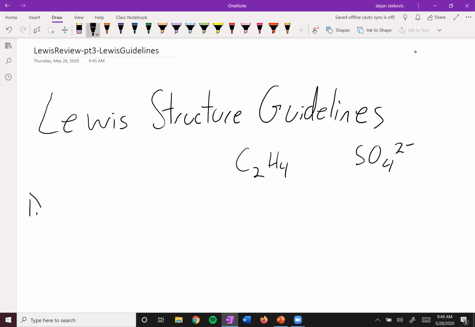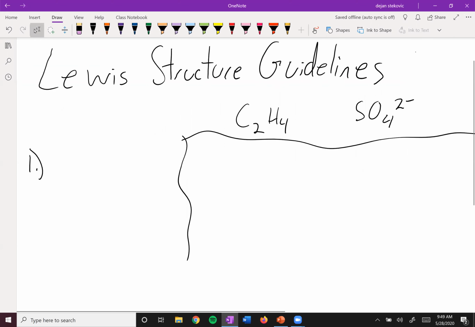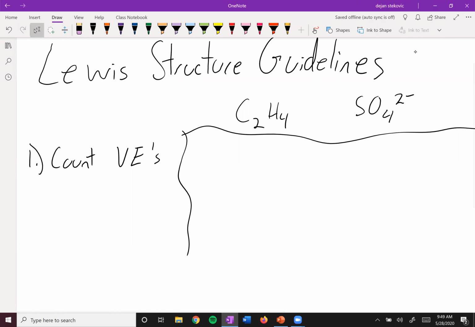So the first step in drawing these Lewis structures is that you want to count your valence electrons. And then we remember if we have a negative charge, that means that we gained an electron, so we add an electron.